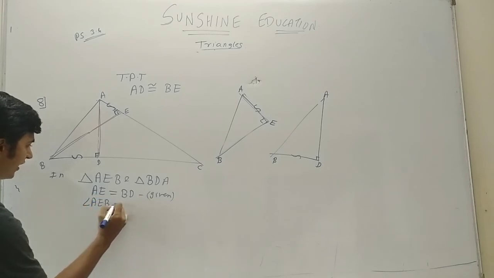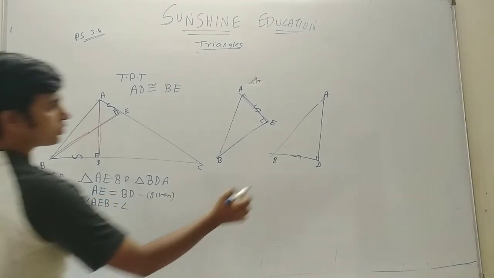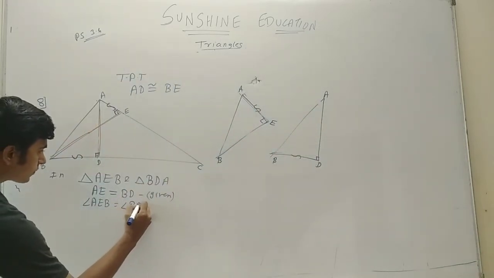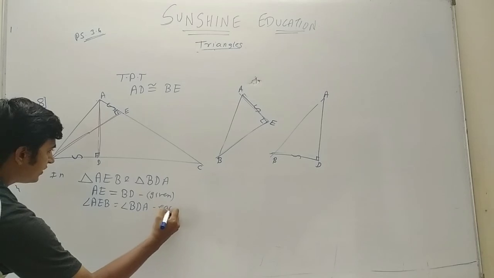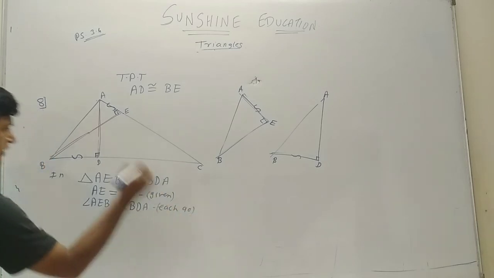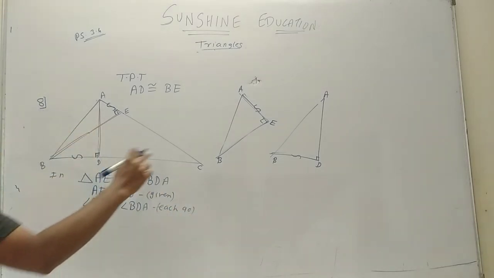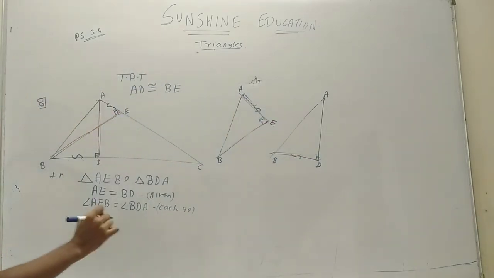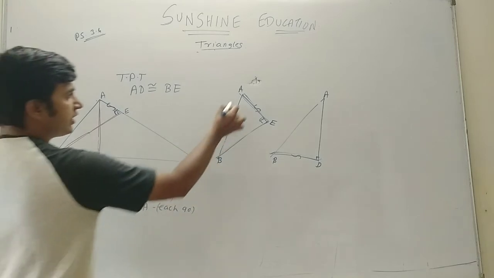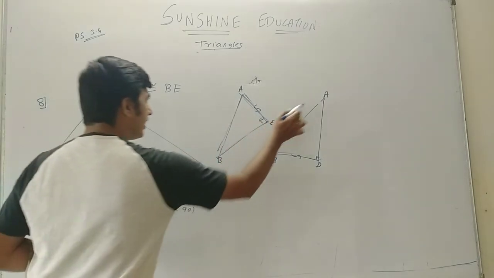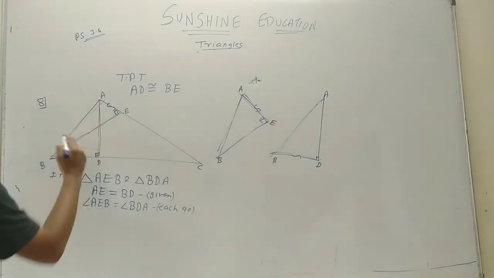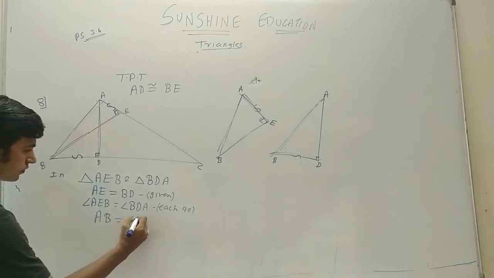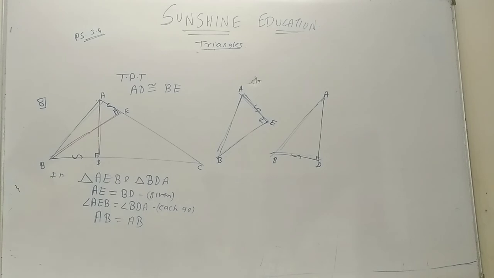Angle AEB is equal to angle BDA, each 90 degrees. This side was equal to this side, this angle is 90 degrees, and if you look properly, I have AB in this triangle as well as AB in that triangle, so AB is equal to AB, a common side.